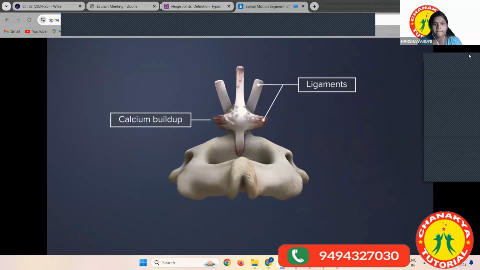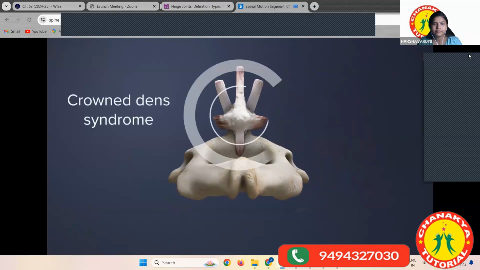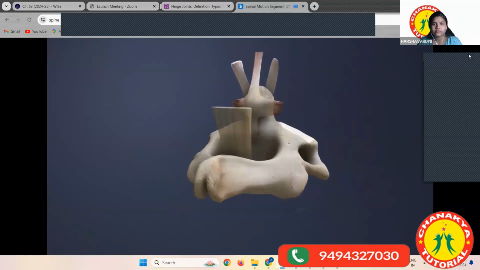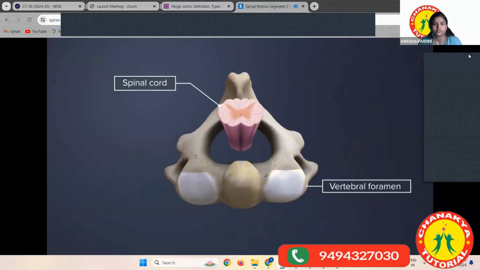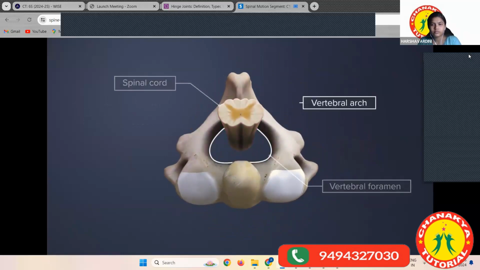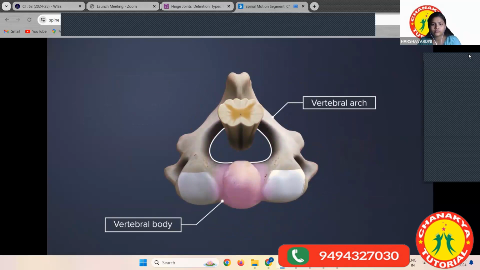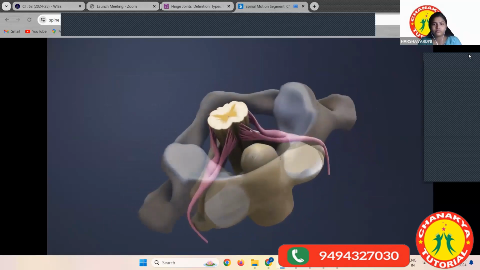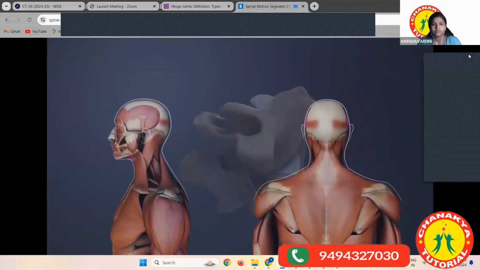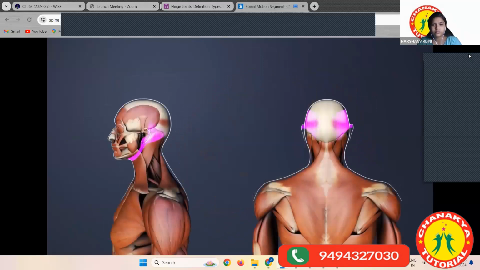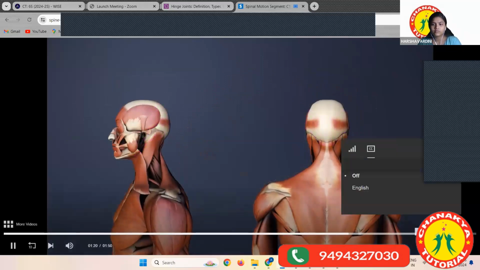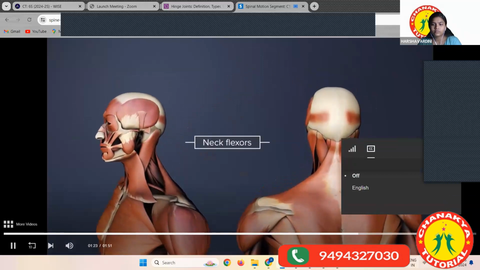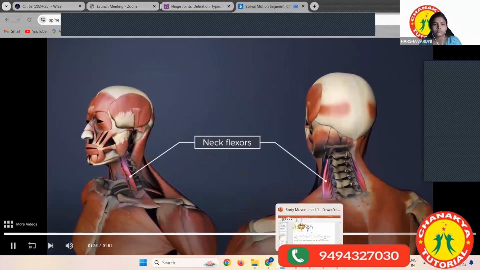If calcium accumulates on the ligaments surrounding the dens, a rare condition called crowned dens syndrome may develop. The spinal cord lies within the vertebral foramen, a space formed by the vertebral arch and the vertebral body. The C2 spinal nerve branches out from the spinal cord on each side between the vertebrae. It receives sensory information from the sides of the face and the back of the head. The C2 nerve also has a motor component that sends signals to various muscles, such as the neck flexors.